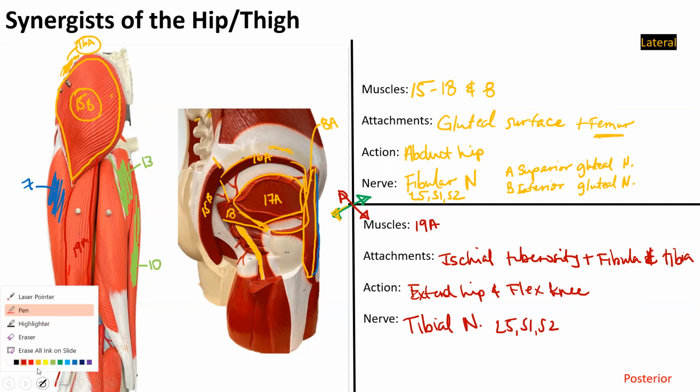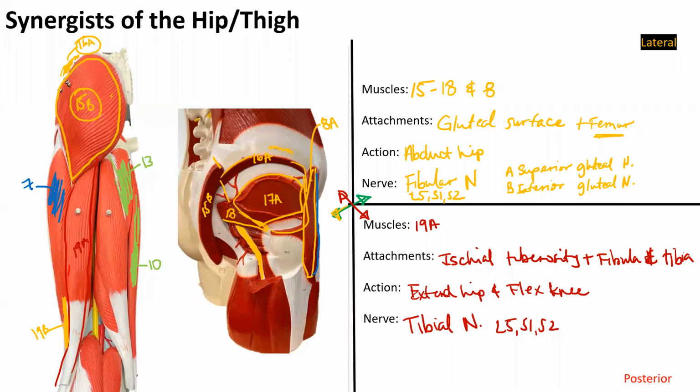Biceps femoris also has a short head, and the short head is found over on this side of the model a little bit easier. It's very small, and on the distal or inferior portion, that's going to be 19B. Okay, and why did I make that orange?